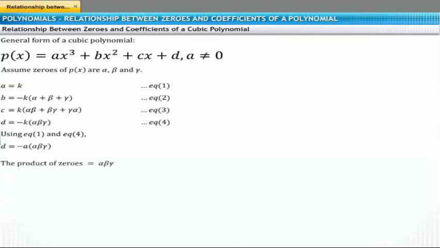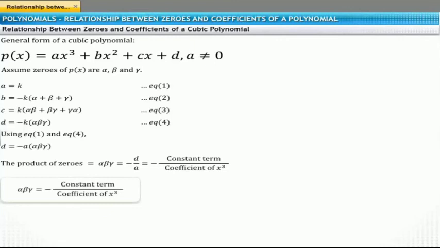Now we will use the first and fourth equations. We again divide the equations, so k and k cancel, so we will get here alpha beta gamma, it means the product of the zeros, is equal to d upon a, where d is the constant term and a is the coefficient of x cube.